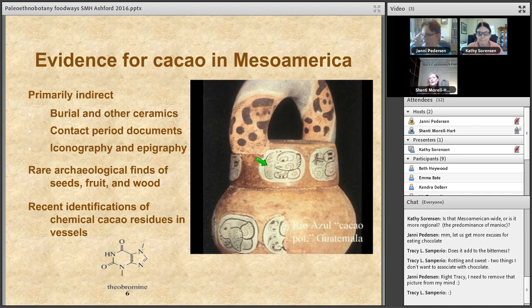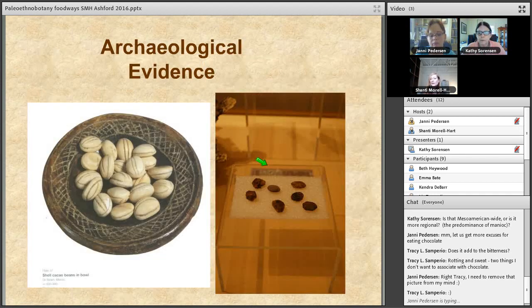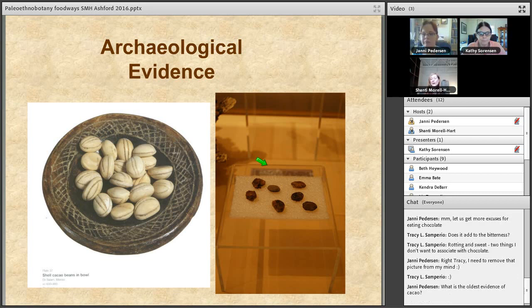So in finding these residues at Chaco Canyon, we should call it Chocolate Canyon, there's really only one way that it could have gotten there, and that's through some kind of very long distance trade. Again, at least 1,000 miles before you find cacao growing anywhere to the south. So that, along with other evidence, gives us a pretty good idea of trade routes and perhaps even, to a certain degree, political organization in the deep past between Mesoamerica and more northern groups.